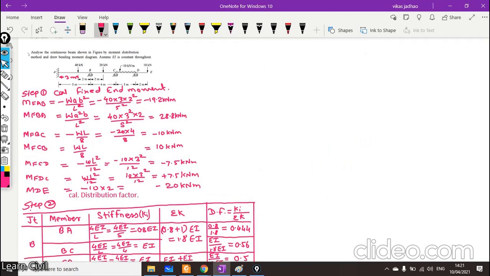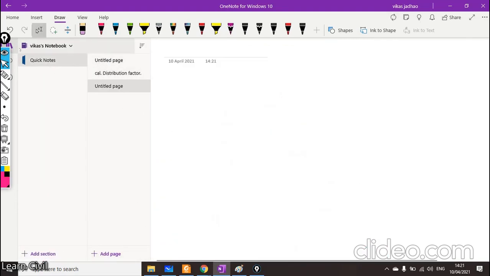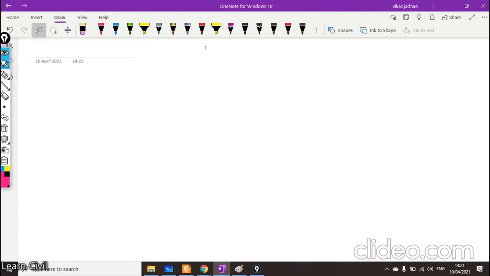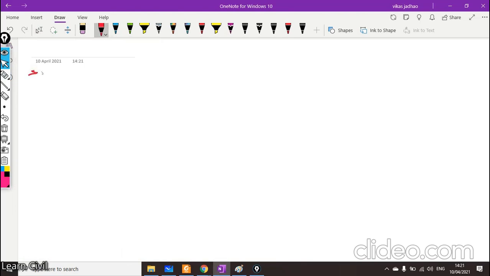The next step will be to carry out the moment distribution. So step number 3 will be the moment distribution table.